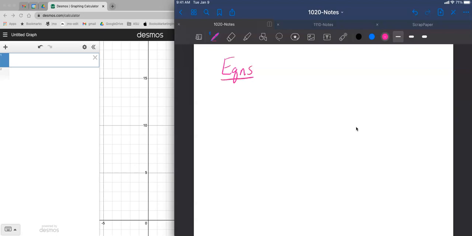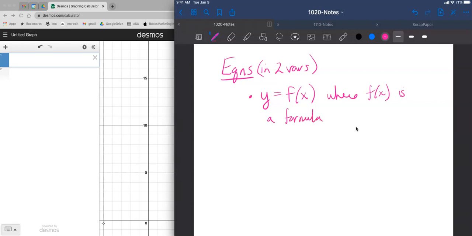One of the sets of equations might be an equation in two variables, and one of those equations might be written as y equal f of x, where f of x is some sort of formula involving the variable x. So for example, we might have that y is equal to 2x plus 1.